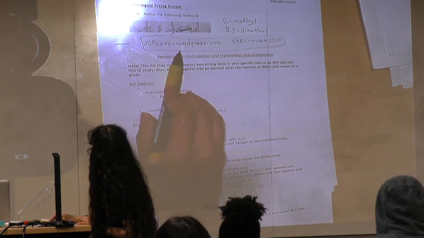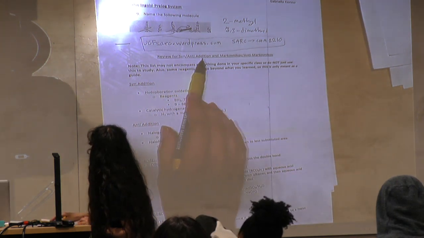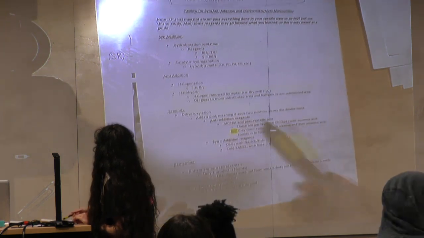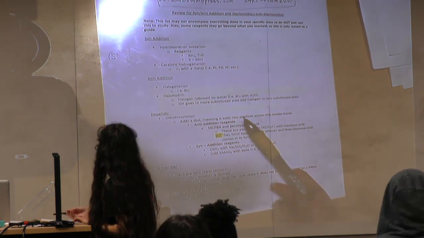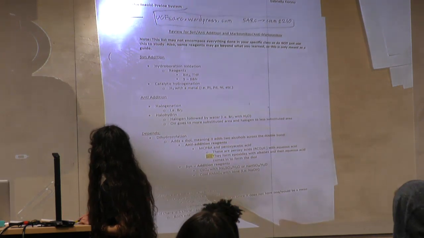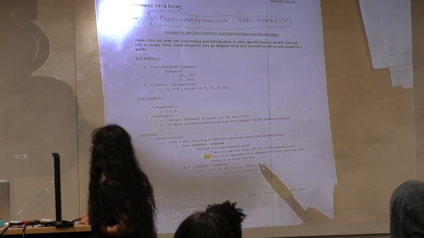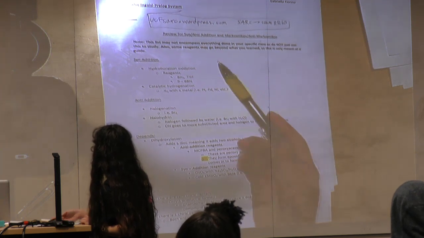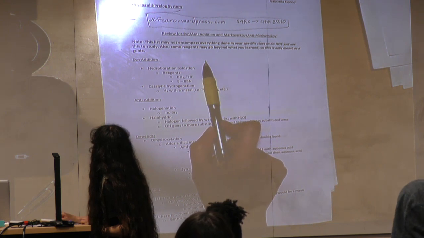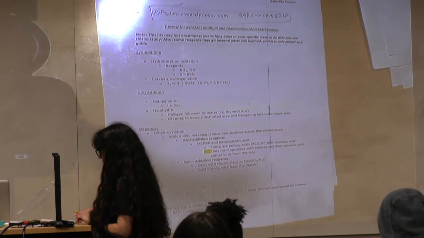I have this review of syn and anti-addition and Markovnikov, anti-Markovnikov. We don't have enough time to cover all of these, so just go to that site and see the ones you have to know. If this is more or less than you need, refer to your professor. I have 2 pages of it.